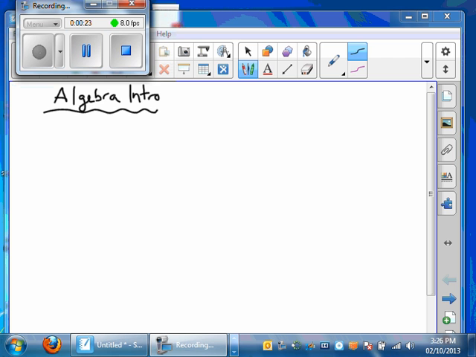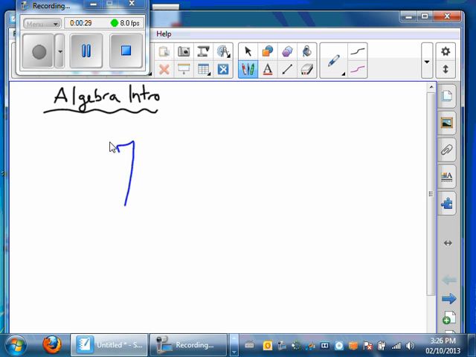All right, so let's take a very simple algebraic equation and take a look at what it actually looks like. So let's say, for example, we had 7, and we are going to add in, well, we don't know what we're adding in yet. We're going to add in some number, and then that is going to equal 10.